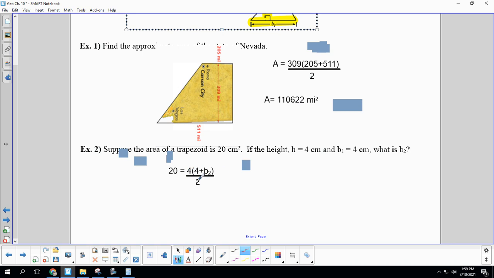You can roll through. We want to think, what's the opposite of divide by 2? Well, that is times 2. We get 40 is equal to 4 times (4 plus b2). The opposite of multiplying by 4 is to divide by 4. So 40 divided by 4 is 10. 4 divided by 4 is 1, and we're just left with 4 plus b2.